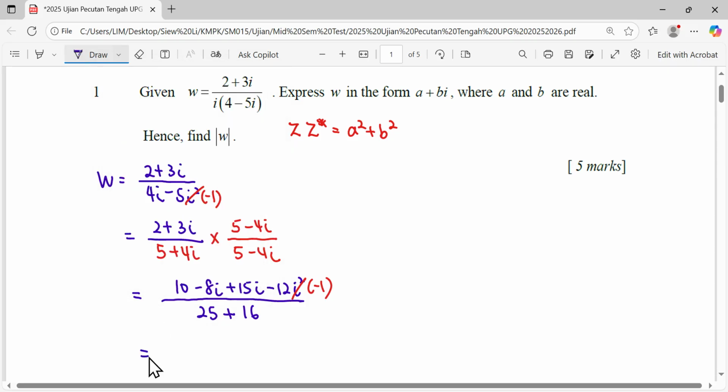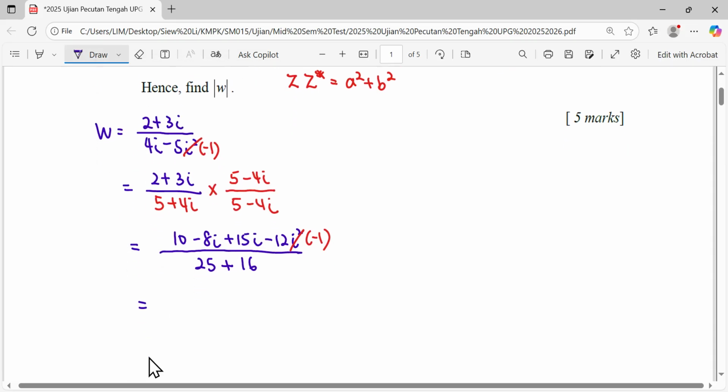So now we simplify our numerator. For the real part, it will be 10 plus 12, which is 22. For the denominator, 25 plus 16, which is 41. So this is our real part.